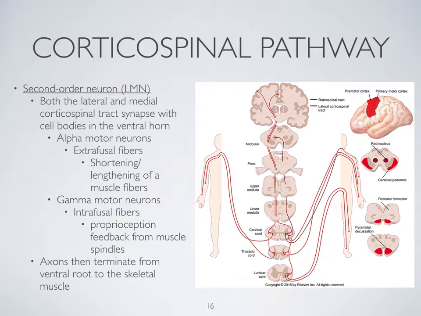One's going to go to our alpha motor neurons, which are extrafusal fibers that aid in contractility, or a better word would just be the shortening and lengthening of that muscle. And that's going to be our extrafusal fibers onto our skeletal muscle. And then our gamma motor neurons, or that type, are intrafusal fibers. That's where we're going to get more of our proprioception.